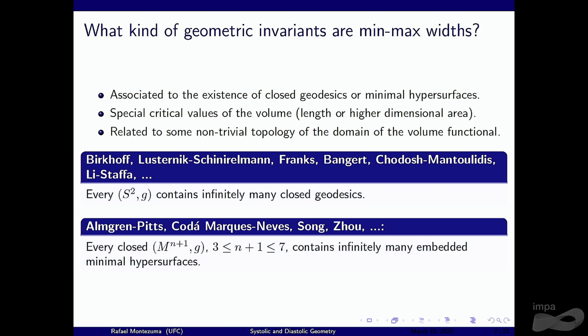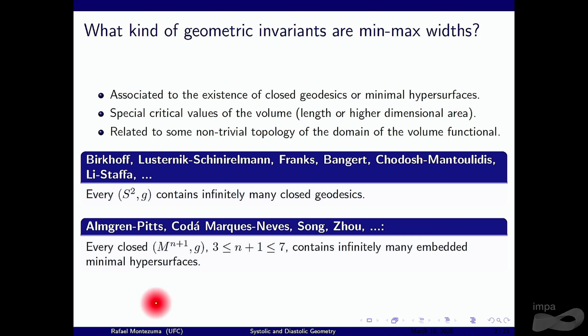Here I summarize some results just to remember that we have many examples. Of course, the results that I'm stating are not proven by all those groups. I'm trying to mention groups that had results related to those things.